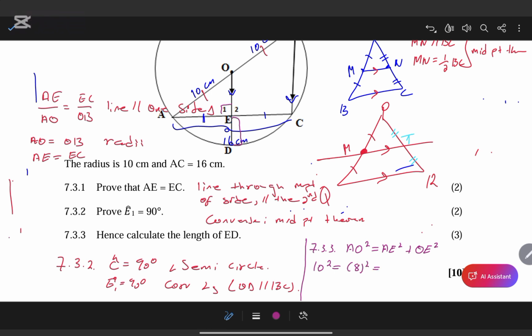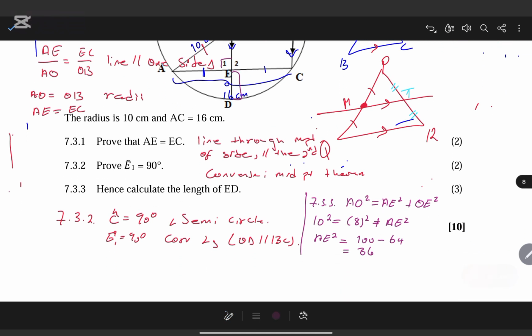So 10 squared is equals to 8 squared plus OE squared. And then you make OE squared the subject. So this will be OE squared is equals to 100 minus 64. And the answer will be 36. Therefore, the square root of 36 will be 6.